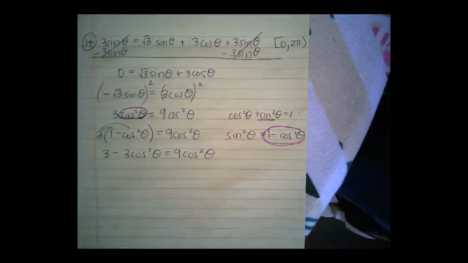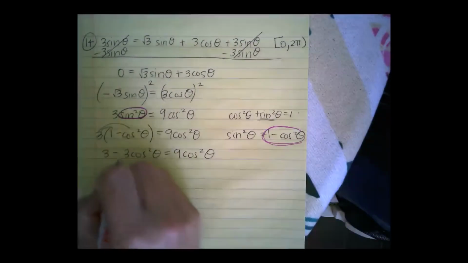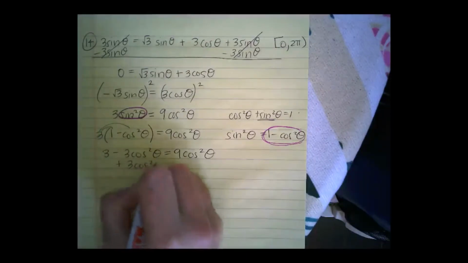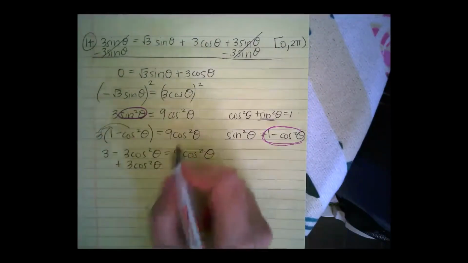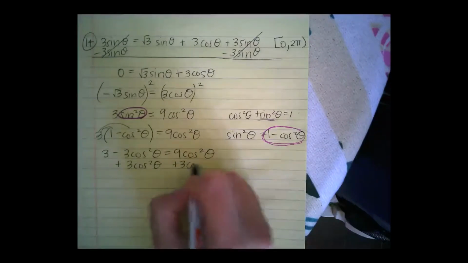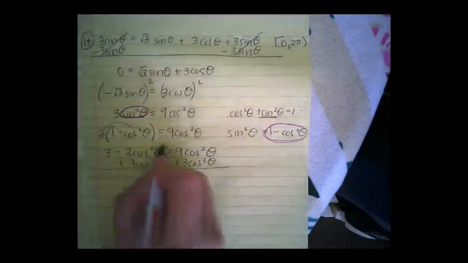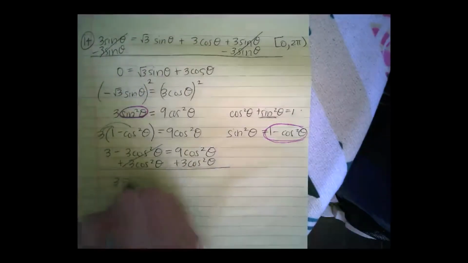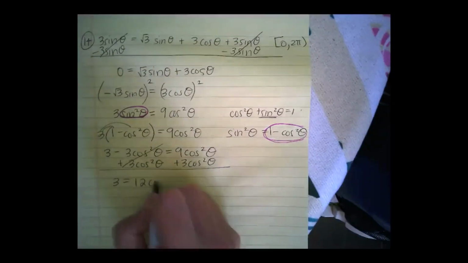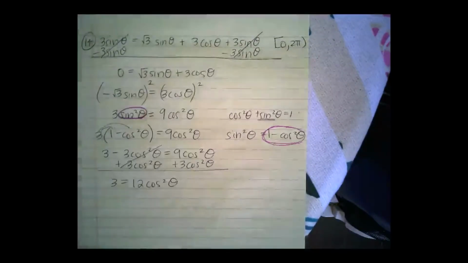I have like terms. Who doesn't love a like term? I'm going to add 3 cosine squared of theta to both sides, because I like to keep my squared terms positive. This 3 drops down. 9 plus 3 is 12 cosine squared of theta.